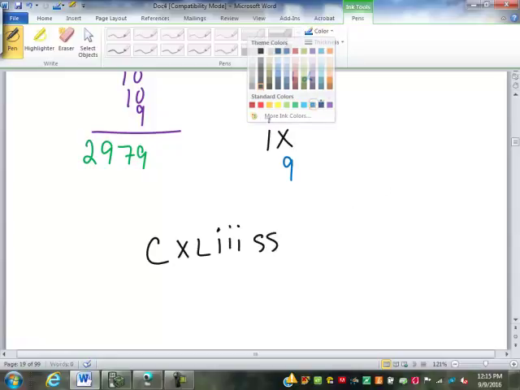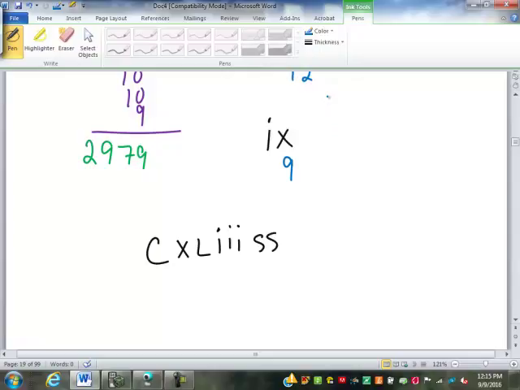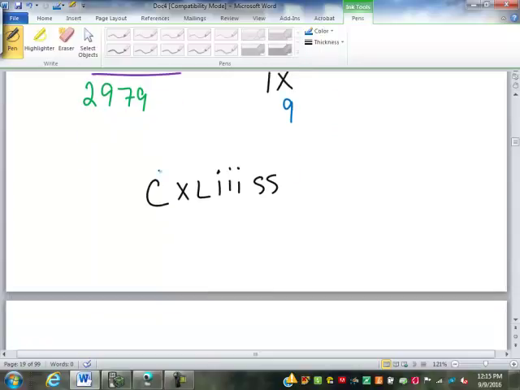What's that one going to become? So we've got the C here. Is the symbol after it larger?